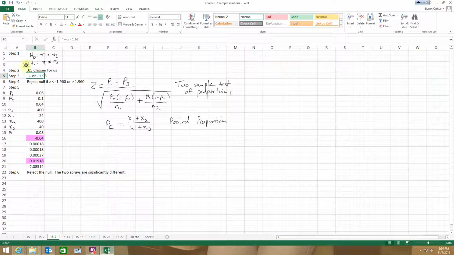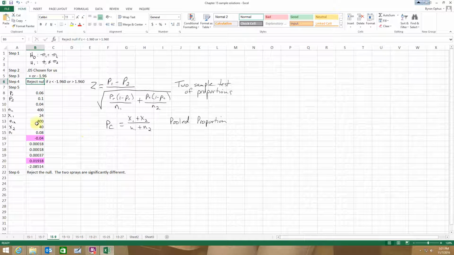So my critical value is plus or minus 1.96, which I've written in there. Step 4 is to state my decision rule. Sorry, I ran out of words there, but I'm going to reject my null if Z is less than minus 1.96 or greater than 1.96.